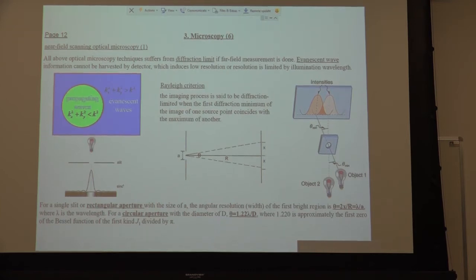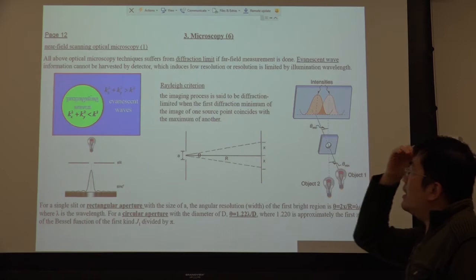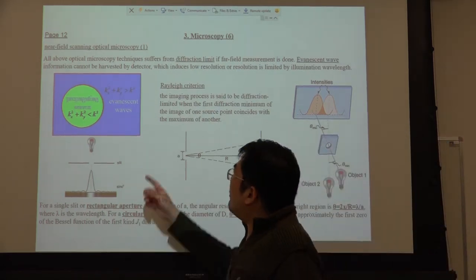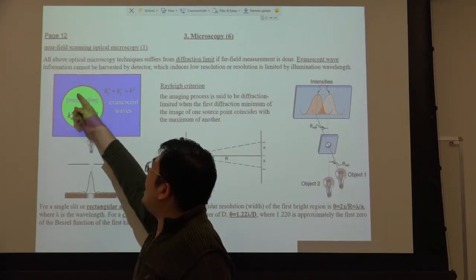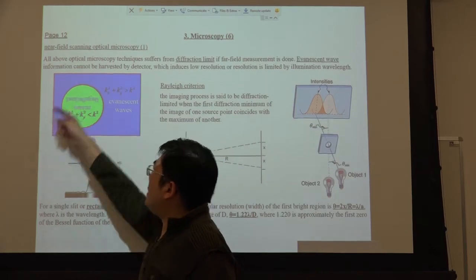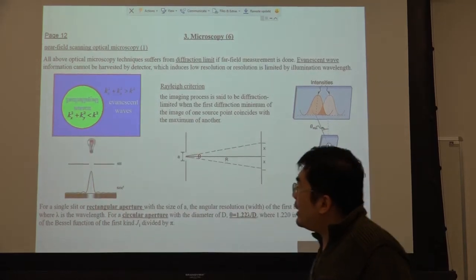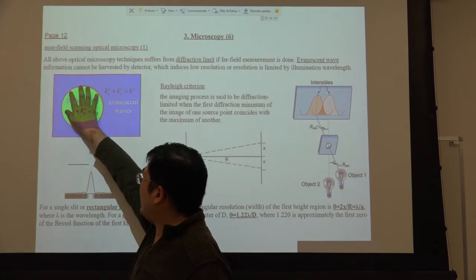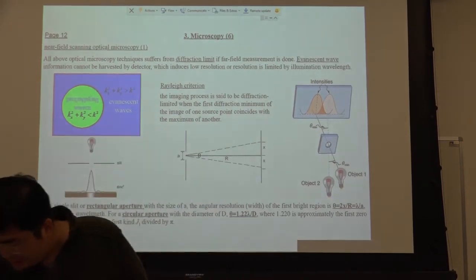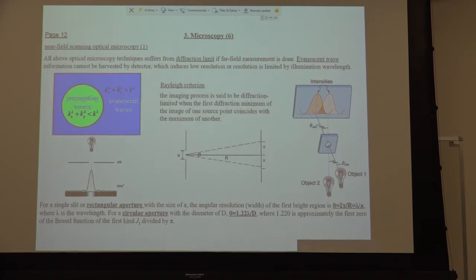Everyone knows that a point source is a Hertzian dipole. It has an evanescent wave spectrum and a propagating angular spectrum. For the far field, we can only capture the propagating part. This is due to the Green function.